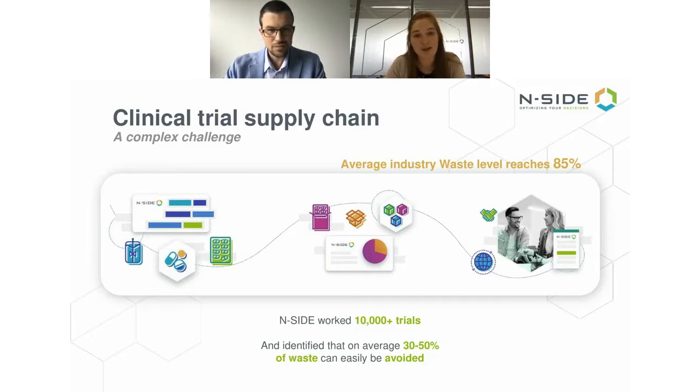But what we'd like also to cover is, as Amaury mentioned, we've worked on a lot of different trials and programs over the last couple of years. And with our partners, we've identified that 30 to 50% of those 85% is waste that can actually be avoided. There are different decisions that are made where the impact of those decisions is not necessarily assessed.